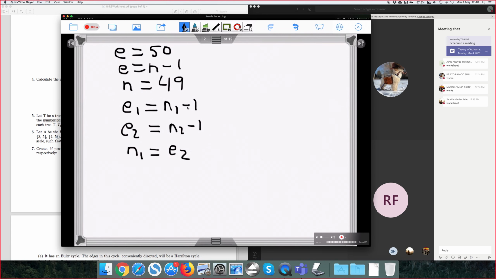Of course, we already know the number of edges and vertices in T, and we want to find E1 and E2.